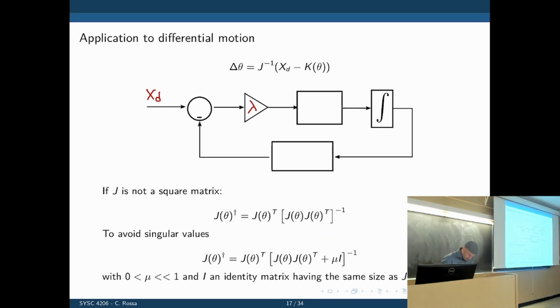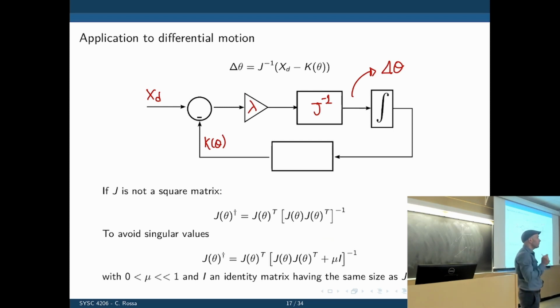Here we must have k of theta. So xd minus k of theta, times lambda, times the inverse of the Jacobian. What's the result? It's delta theta, a small variation in theta.